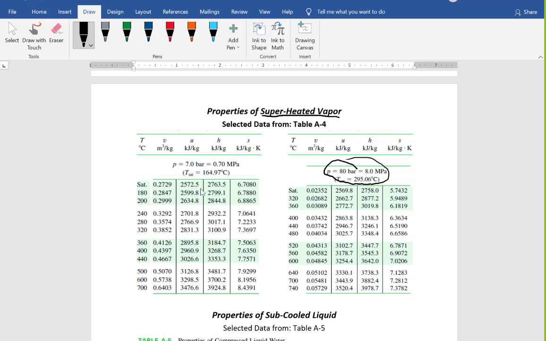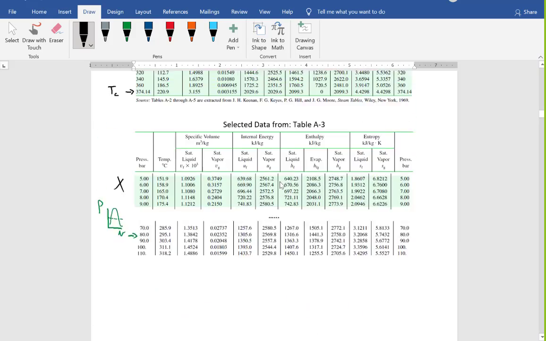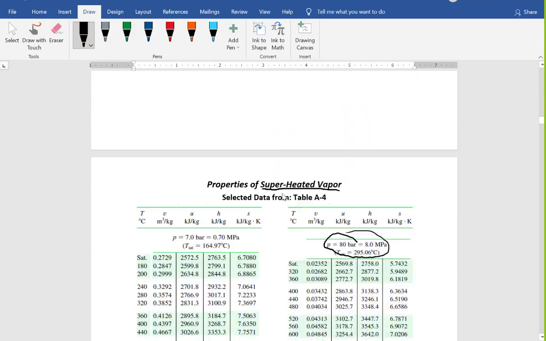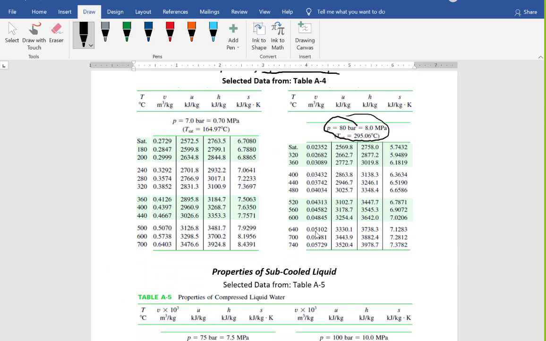But we were at, what, 440? It's probably 460. So this is good. We thought it was a superheated vapor, and the good news is it is a superheated vapor, and it's in between these two values. And the nice thing is it's halfway in between.